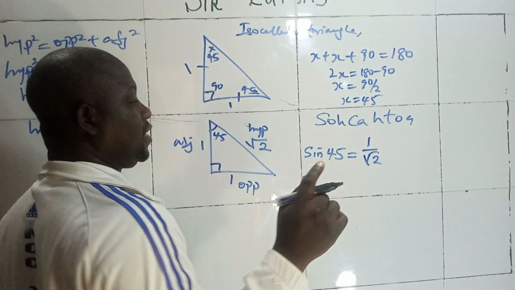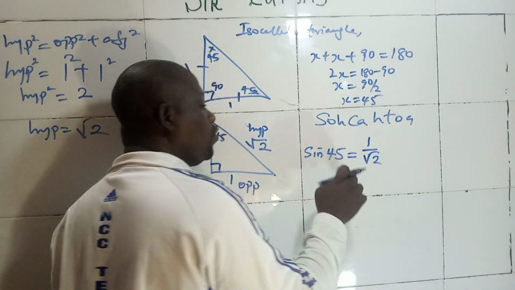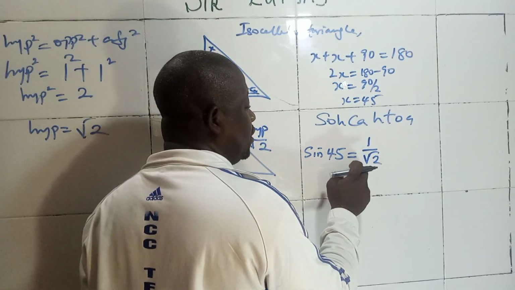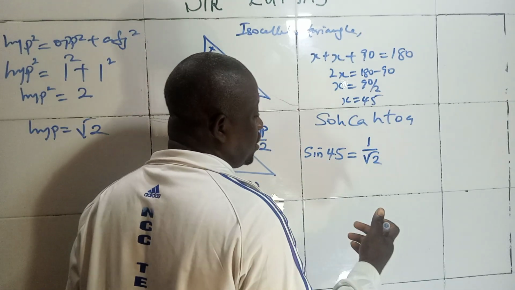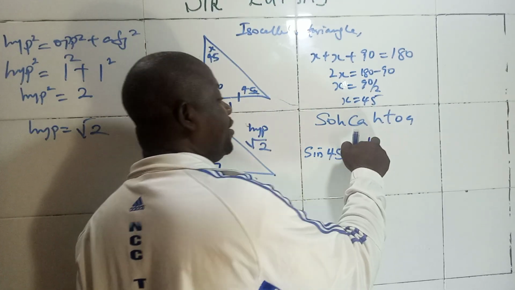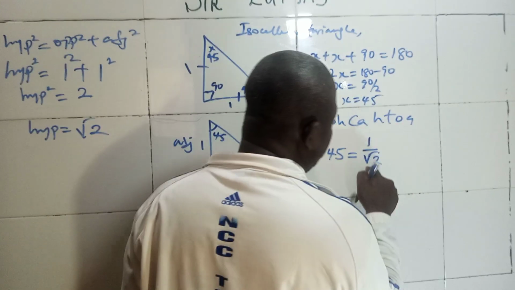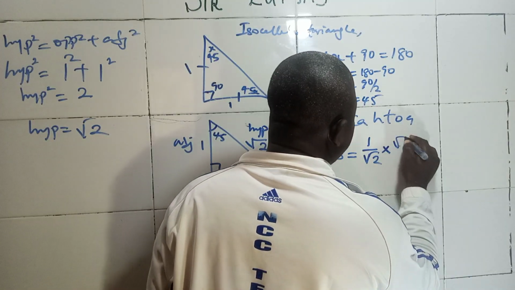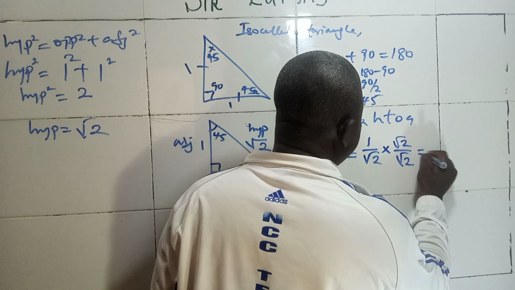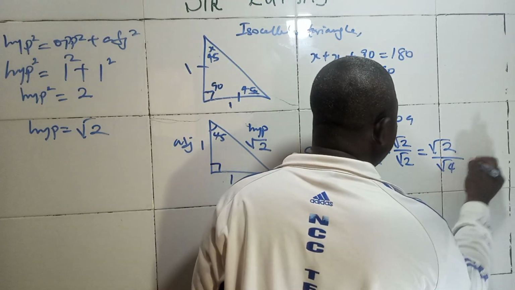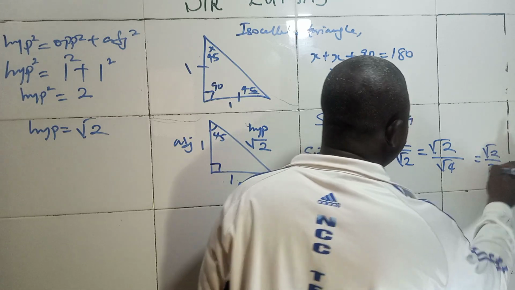Don't forget what I told us in our last class: you cannot leave your denominator in root form. So you rationalize. You multiply both the numerator and the denominator by the denominator, square root of 2. So we have root 2 all over root 4, and that is root 2 all over 2.